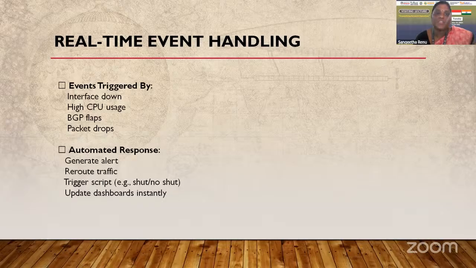Trigger scripts: run predefined scripts to reset interfaces, adjust QoS, or modify configuration via Ansible or CLI automation. Update dashboards instantly: visual dashboards like Grafana and Kibana reflect the incident in real time, aiding situational awareness. These responses form the basis of closed-loop automation, where the system continuously monitors, detects, and reacts with minimum human delay.